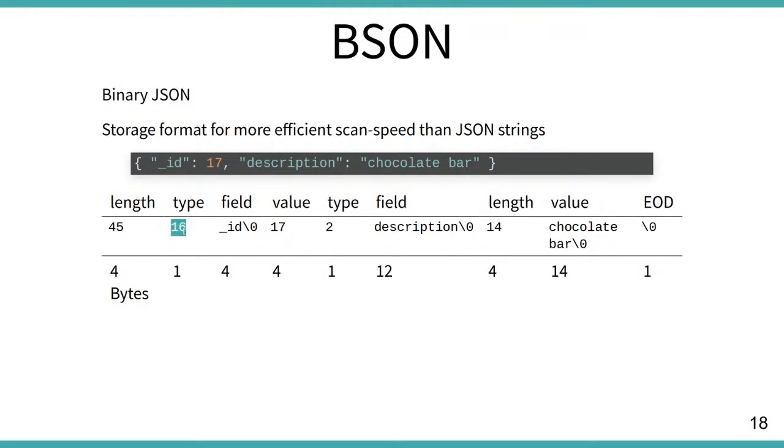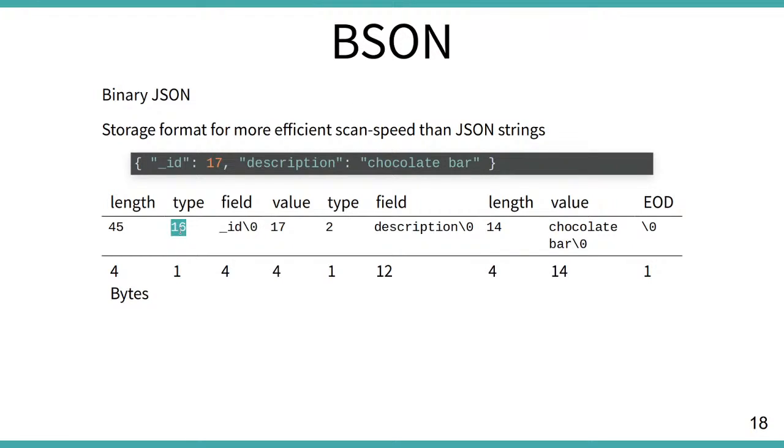Then we have for each field the type, the name of the field, the value of the field. So in our case, our document has 2 fields, ID and description. So we have the type of the ID, the field name of the ID, the value of the ID. And when the type is 16, that's integer. So there's a BSON list.